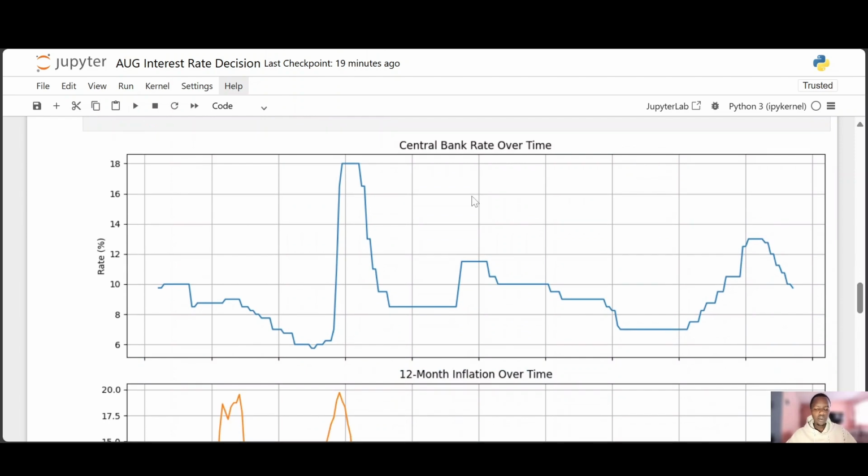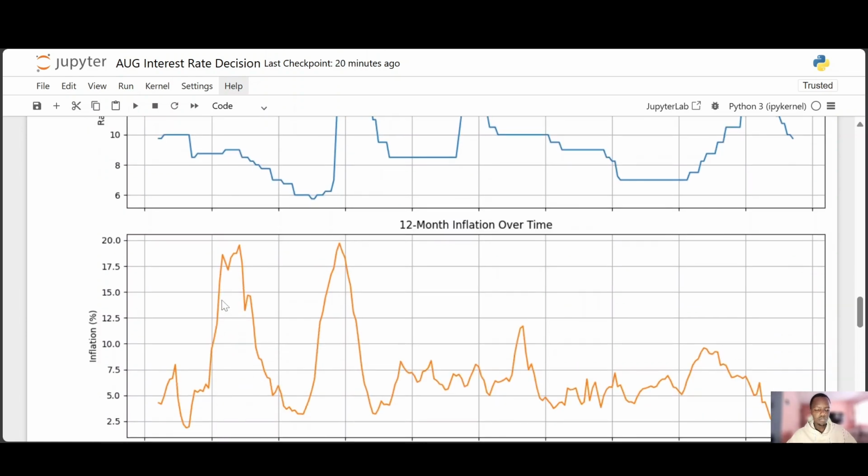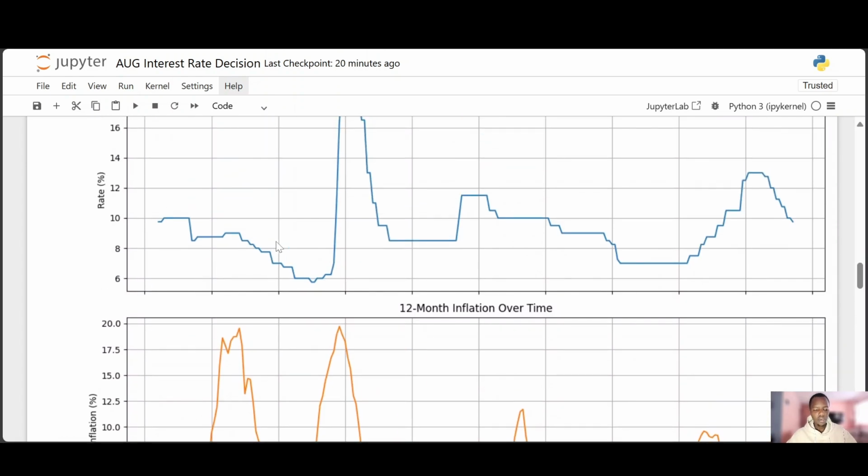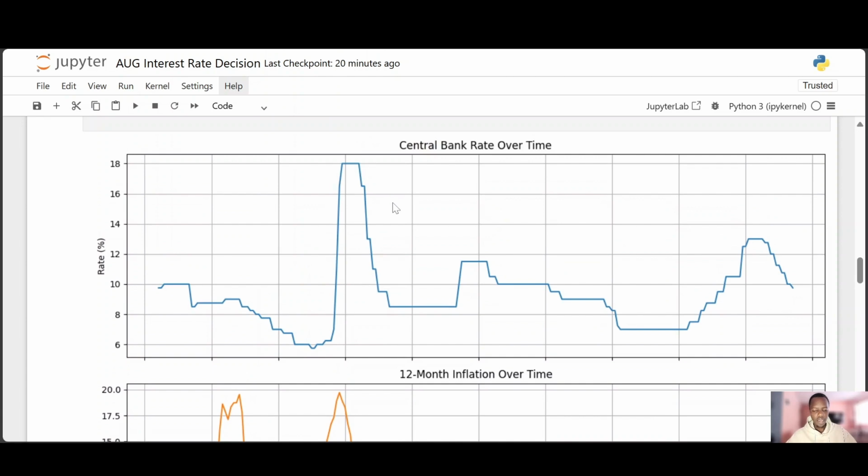So let's go to the time plots. And as you can see, for the central bank rate over time graph, it actually started at around 9.75 or about. Then it went to 10, maintained at 10 between the years 2006 and 2007 thereabout. Then went down, then up, then came down, came up, been decreasing over a while.